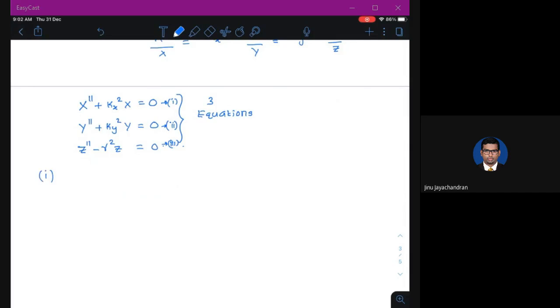So in 1, the solution of X will be something like C1 cos kx x plus C2 sin kx x. Y will also be similar because both equations are of similar form. So this Y will be C3 cos ky y plus C4, not cos, it is sine, ky y.